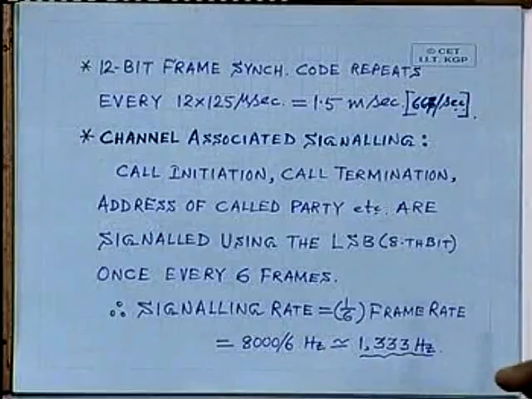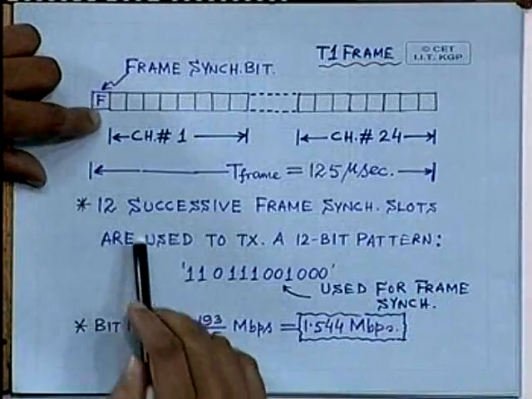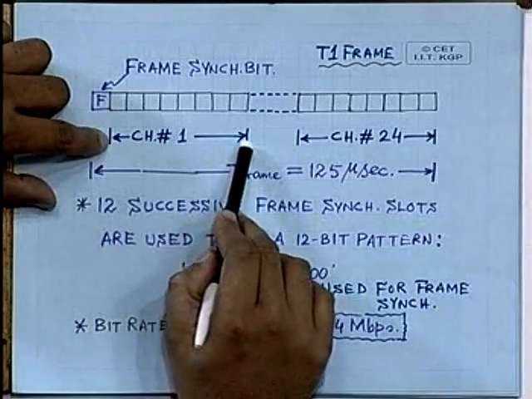If you are assigning the whole frame, no, not the whole frame, that full 8 bits for one user, out of 12 frames, one frame you are using. No, not a frame, one byte for one channel. If I get back to this, this full frame is allocated to 24 users. This is for the first user.